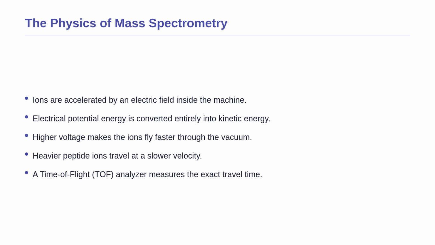Conversely, if the mass of the peptide is larger, it will be heavier and therefore travel at a slower velocity for the same amount of applied energy. In a highly popular type of mass spectrometer called a time-of-flight analyzer, we do not measure this velocity directly. Instead, we measure the exact time it takes for the ion to travel a fixed distance.